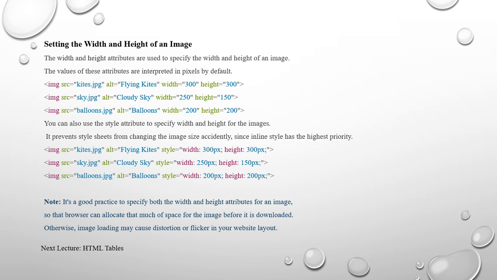You can also use the style attribute to specify the width and height of the image. It prevents style sheets from changing the image size accidentally, since inline CSS has the highest priority. This works when you're using CSS to specify the image. When you use CSS to specify the width and height of an image, you can still come back and use inline CSS to specify the width and height of that same image.